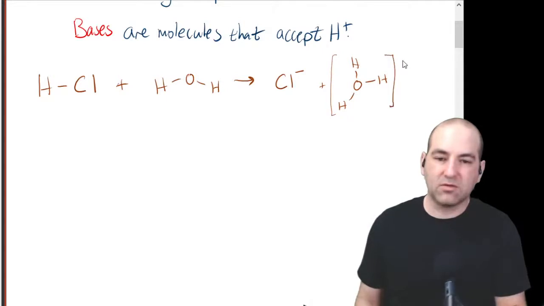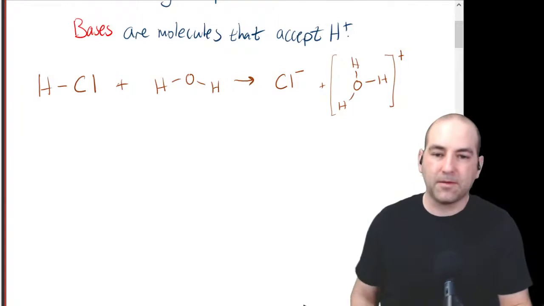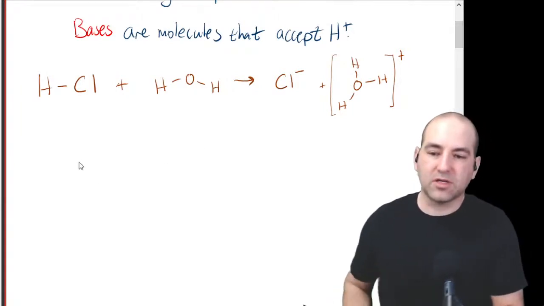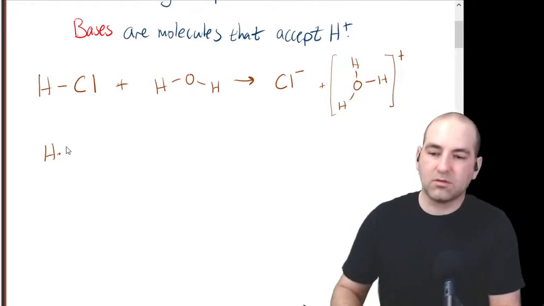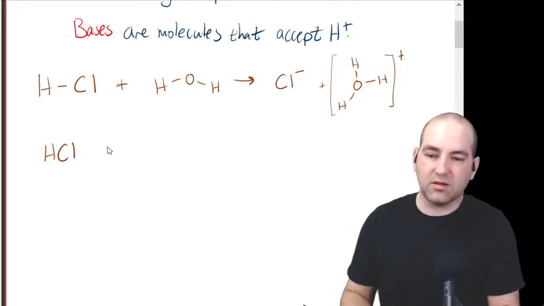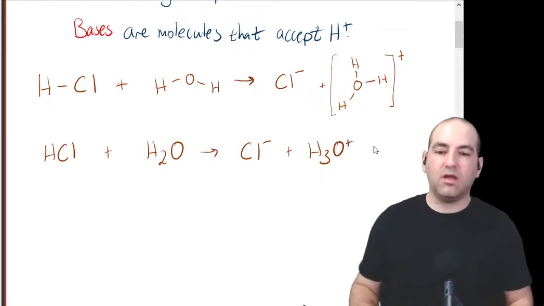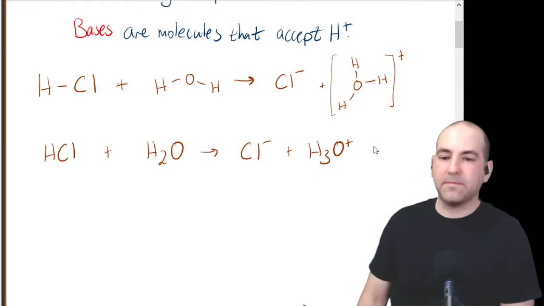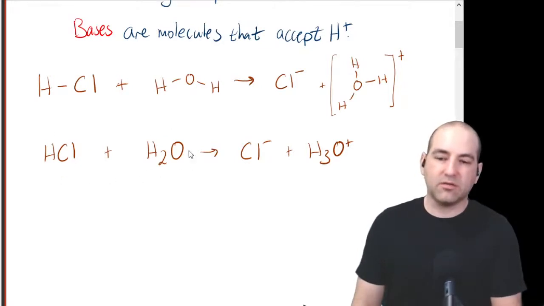And because it's a molecule with a charge, I'm going to put brackets around it so we can say that whole thing has this charge. All right, let's also write it in symbolic or formula form. This would look like HCl plus H2O, and then the products are chloride and hydronium. Okay. So this is a chemical reaction. Two things, HCl reacting with H2O.